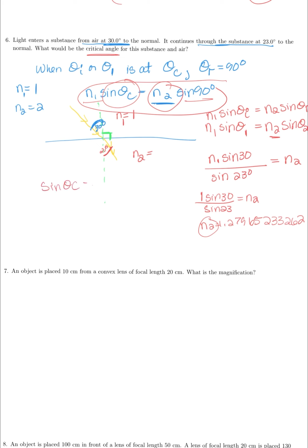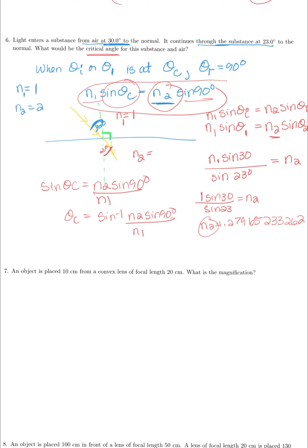Sine theta c equals N2 sine of 90 divided by N1. So to get theta c, I would have sine inverse of N2 sine of 90 divided by N1.